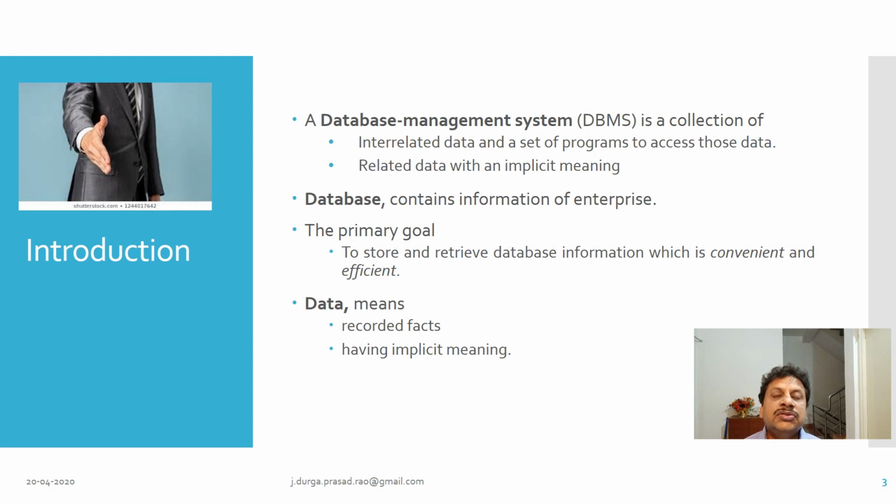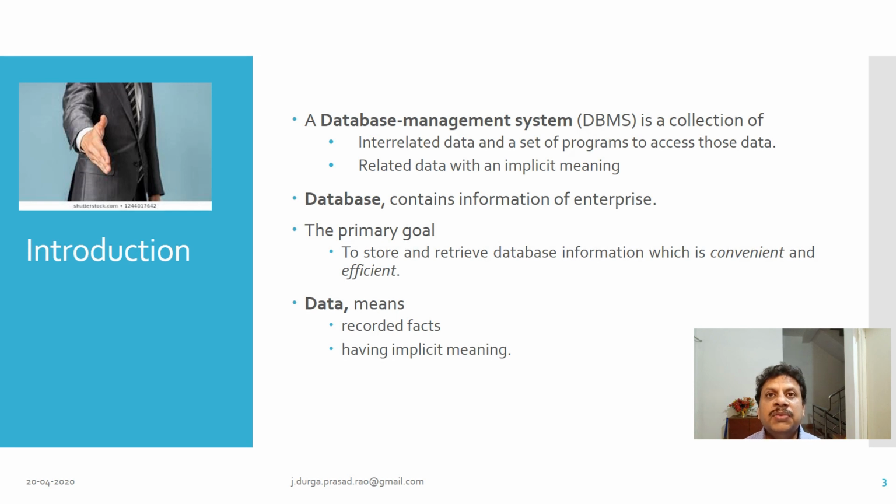It is a collection of related data with implicit meaning. Database contains information relevant to an enterprise. Well, the primary goal of DBMS is to provide a way to store and retrieve database information that is both convenient and efficient.